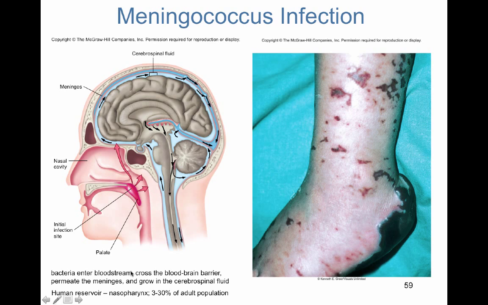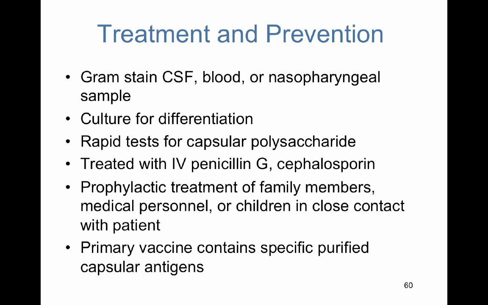So the bacteria will enter the bloodstream, cross the BBB, the blood-brain barrier, permeate through the meninges, and grow in the cerebrospinal fluid. So it's best to look for the presence of this bacteria in the CSF or the blood, or even in a nasopharyngeal sample.